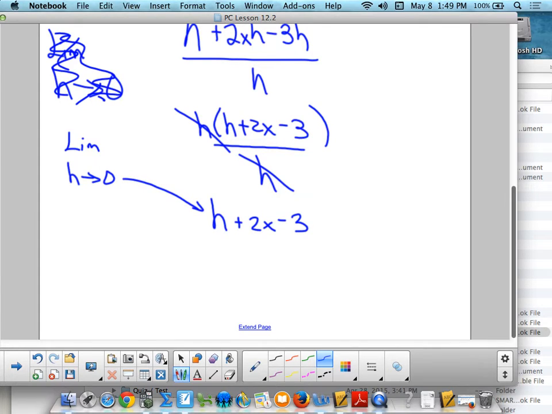Quick direct substitution. What is the answer? 2x minus 3. So Corey, you got stuck right there? You actually got that far? That's pretty good. Just take out an h, wipe them out, put it on paper, and then direct substitute the 0 in. There it is.